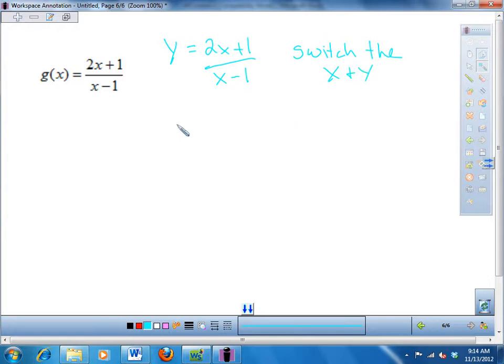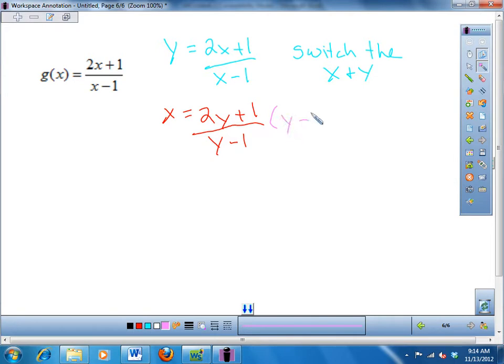When I do that, I get x equals 2y plus 1 over y minus 1. Now, to get rid of the y minus 1, you know what I have to do? Multiply both sides by y minus 1.